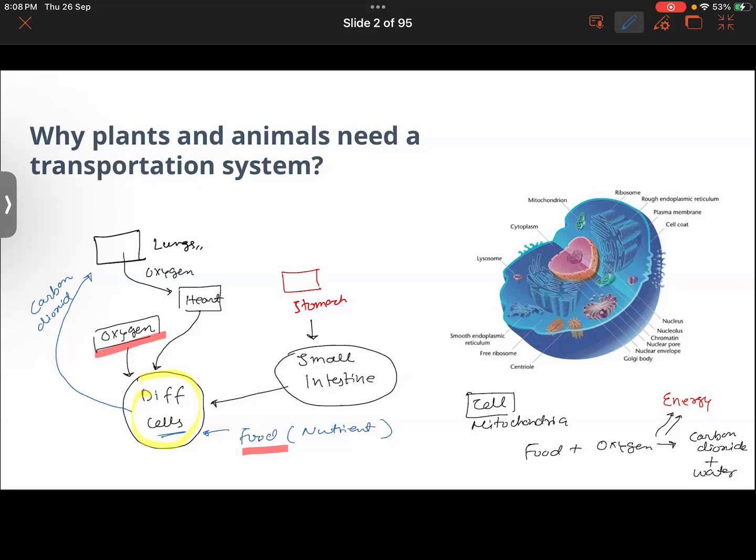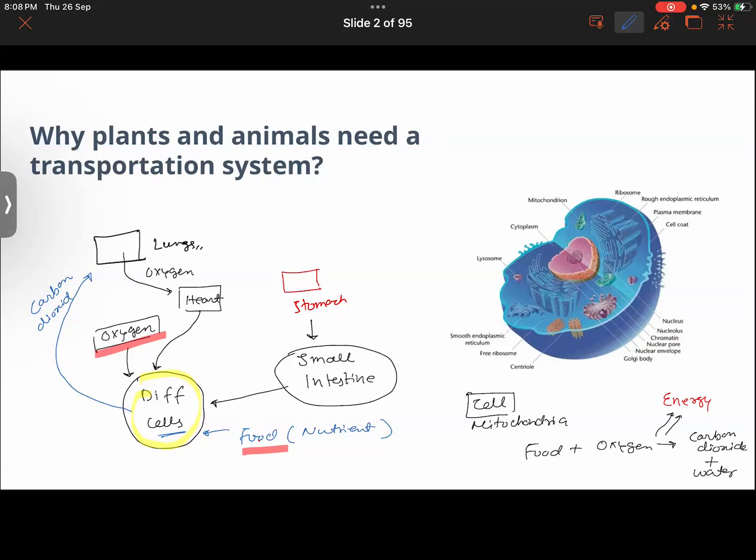As we know, all living organisms like plants and animals need food, oxygen, and water so that they can survive. These necessary elements need to be delivered to the different body parts of plants and animals, so that they can function properly, obtain energy and carry out their functions.